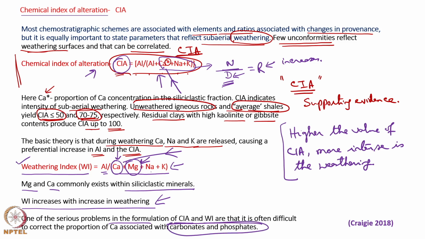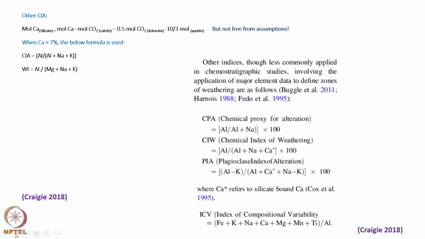So, CIA and Wi have limitations in their use. There are other CIA, for example, this one, but as I am writing, it is not free from assumptions. One cannot blindly use. One has to see what the applications and drawbacks are, and accordingly use carefully.